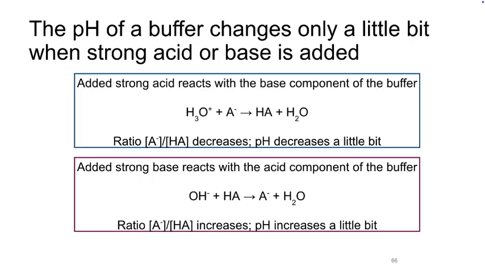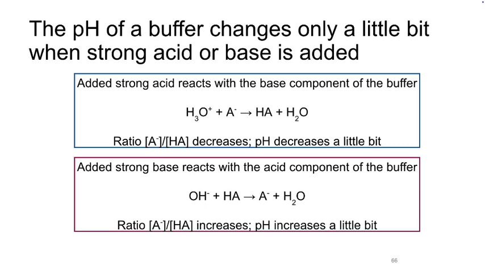Okay, so the pH of your buffer changes only a little bit when a strong acid or base is added, and that's because the H3O+ reacts with your conjugate base, which means if the H3O+ disappears from the expression, your pH shouldn't have an effect. If we look at adding a strong base, the strong base reacts with the acid of our buffer system, removing that hydroxide concentration.